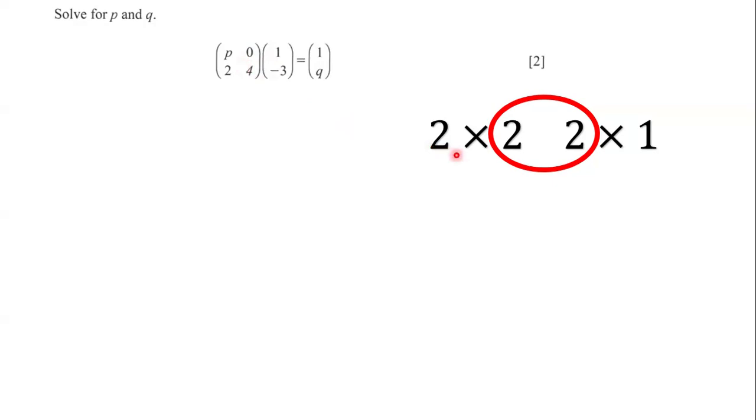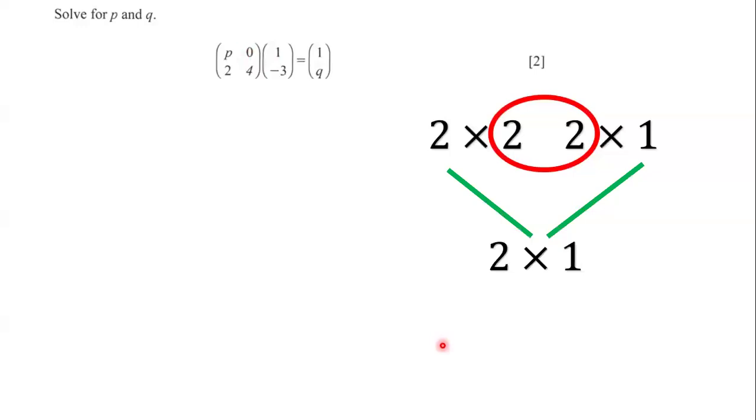What we also know is that 2 times 1 is the order of the resultant matrix, the matrix that we get when we multiply these two matrices together.